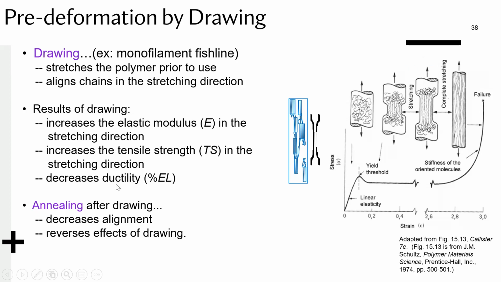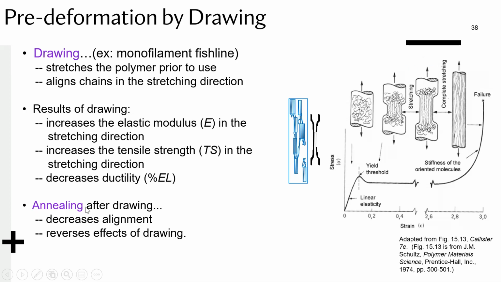Once you've already utilized this elongation and you've taken it to its maximum elongation, you can imagine that there's not much more remaining. So it becomes rather brittle at that point because you've already utilized its ductile behavior. That is why these two increase, but its ductility decreases.